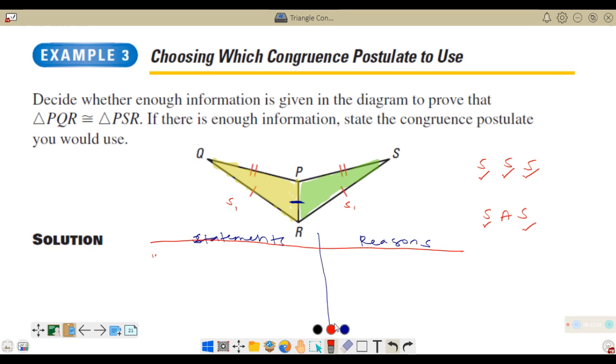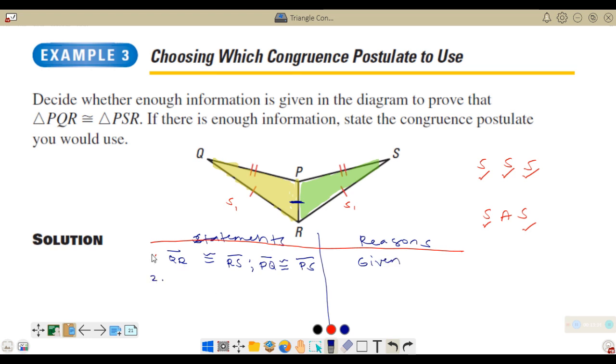Statement 1, we have segment QR is congruent to segment RS and segment PQ is congruent to segment PS. What is our reason? They are given.